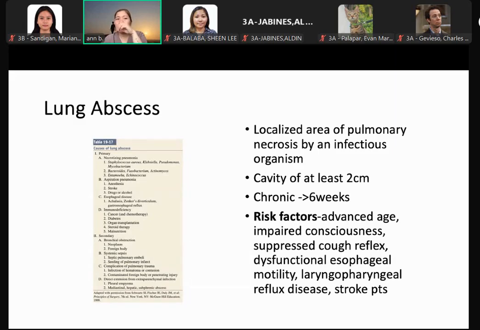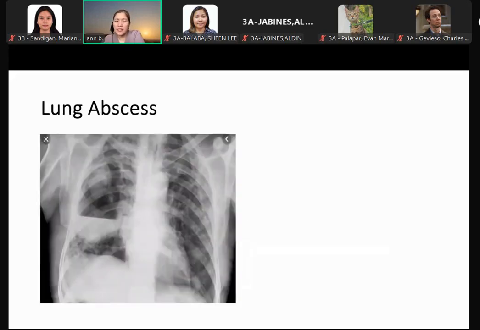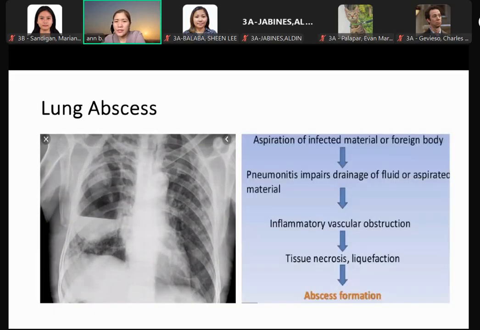But most common, this lung abscess is found in immunocompromised patients or in stroke patients in our setting. So I have here a chest x-ray with air fluid level. If you see or the x-ray reads air fluid level in your findings, then you have to suspect lung abscess already.